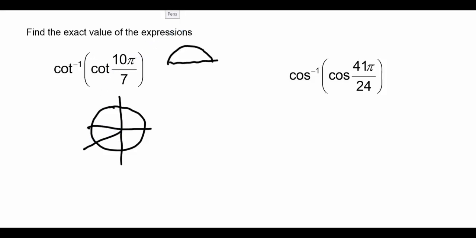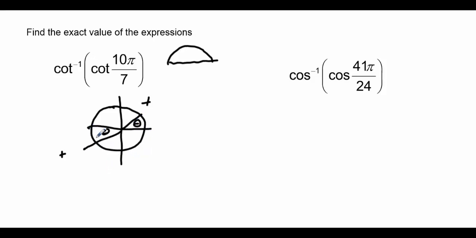I have this reference angle, theta, that is here. And within the 0 to pi range, I know that in the third quadrant, I have a positive cotangent, so I will have a positive cotangent in the first quadrant. So I'm going to need this angle.